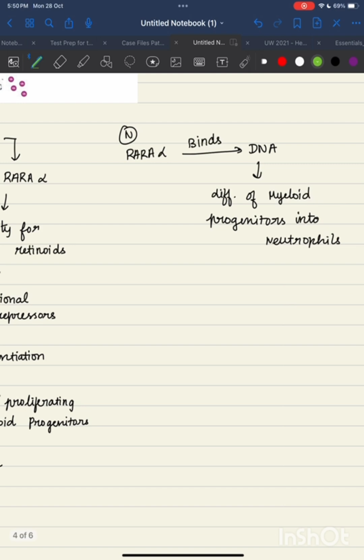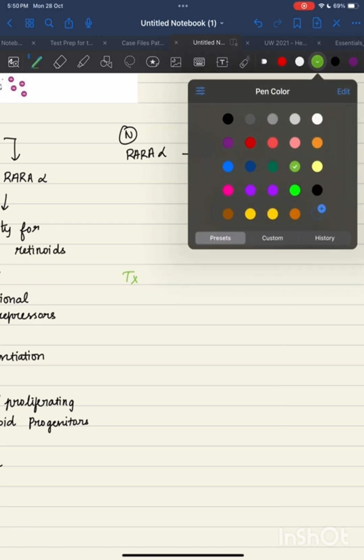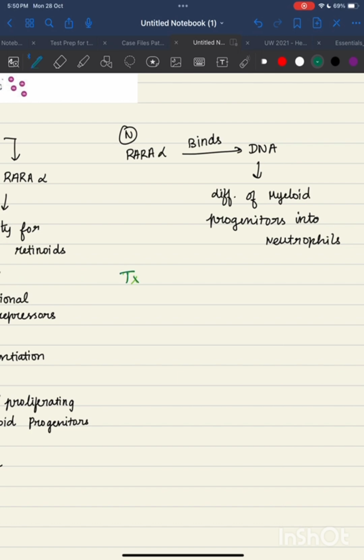For treatment, what will we do? For treatment, we'll give all-trans retinoic acid and arsenic.